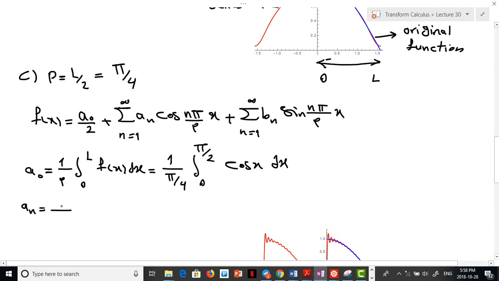a_n is equal to 1 over p, the integral from 0 to L, f(x) cosine n pi over p x.